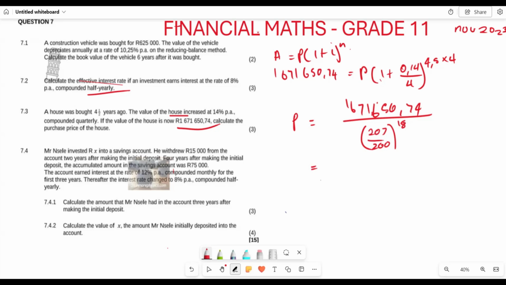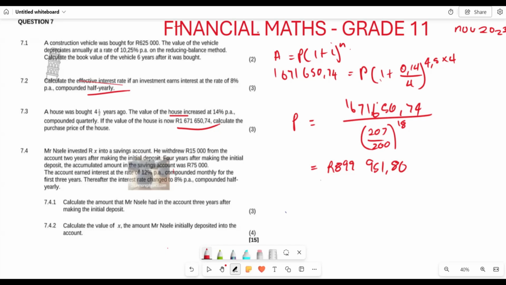And then what you end up having as the principal amount, which is the value of this house when it was bought, is 899,951.80. That was the value of that house 4.5 years ago.